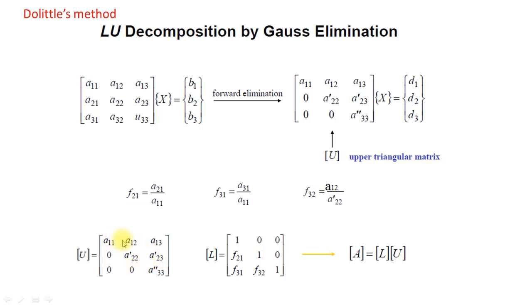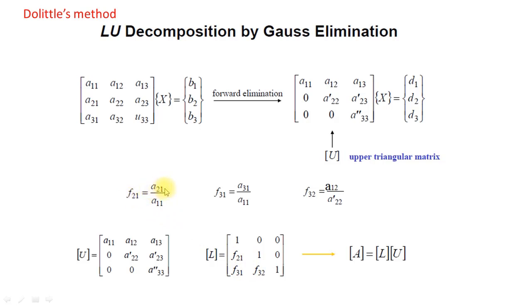And when we obtain matrix U by the Gaussian elimination method, meaning by echelon form, then after obtaining matrix U, we can easily find the lower triangular matrix. In the lower triangular matrix, these 3 are already 1, 1, 1, these 3 are 0, and these 3 are unknowns, f21, f31 and f32, and we can find these 3 unknowns by using this expression.